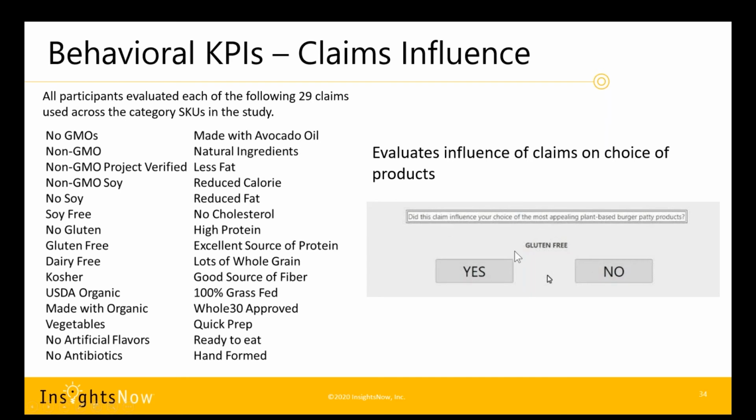We provide this and say, gluten-free, is this important to you? Yes or no? Is this influential? Yes or no? And in rapid fashion, go through soy-free, high protein, good source of fiber, whatever. And from that, we're able to generate new types of metrics.